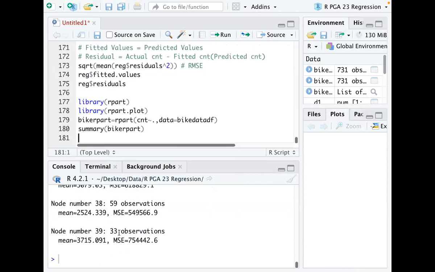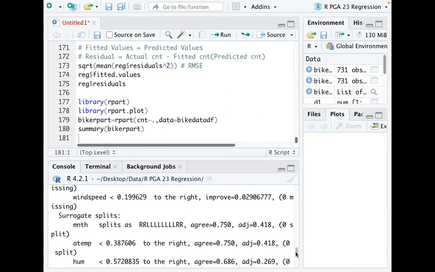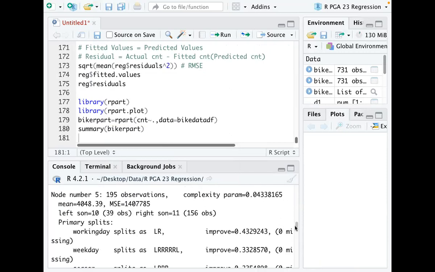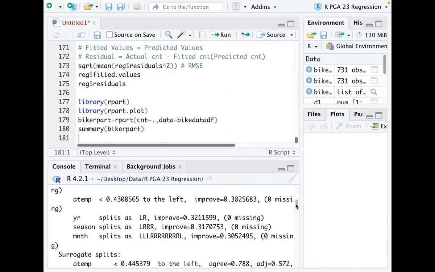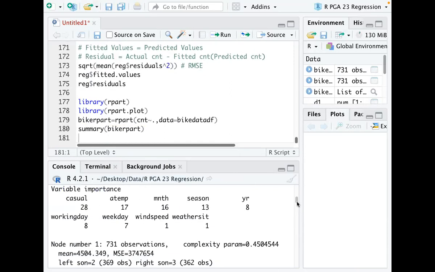Now you can see here in regression you get mean square, MSE. For bike data, the important variables are casual, atemp, month, season, year, working day, weekday.